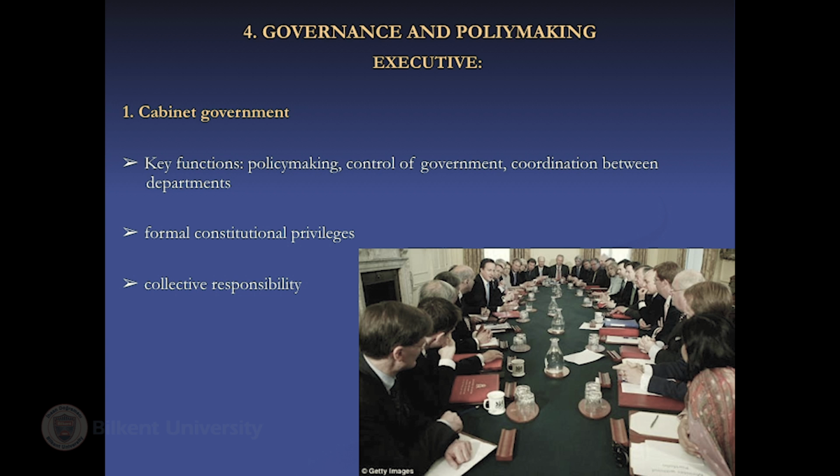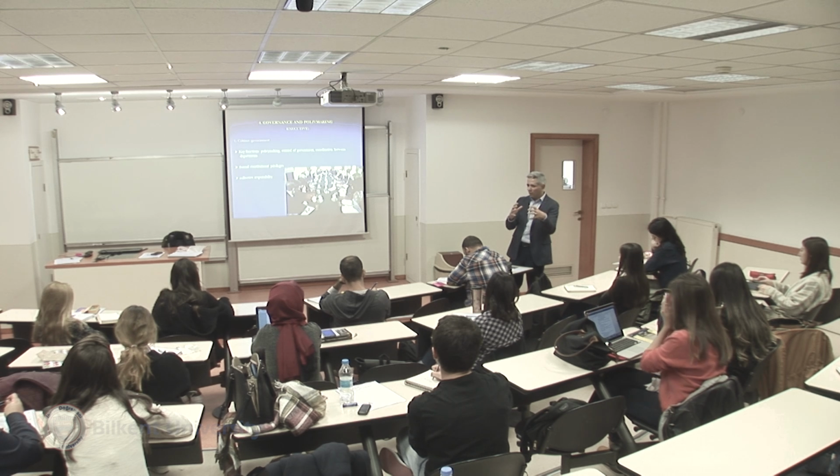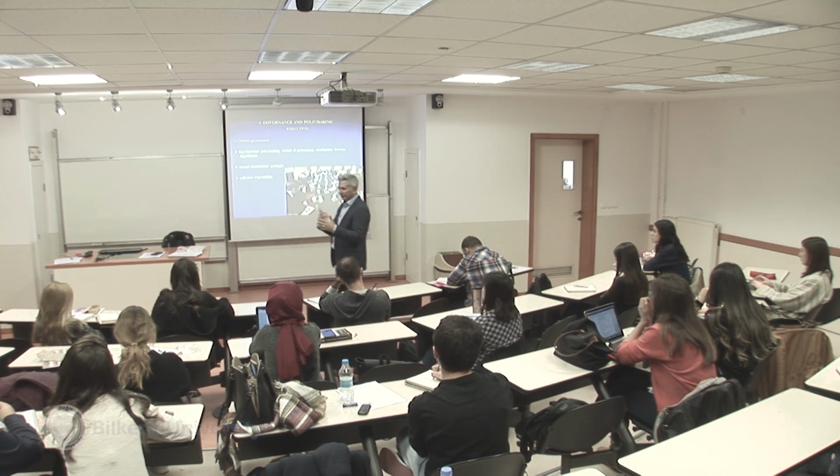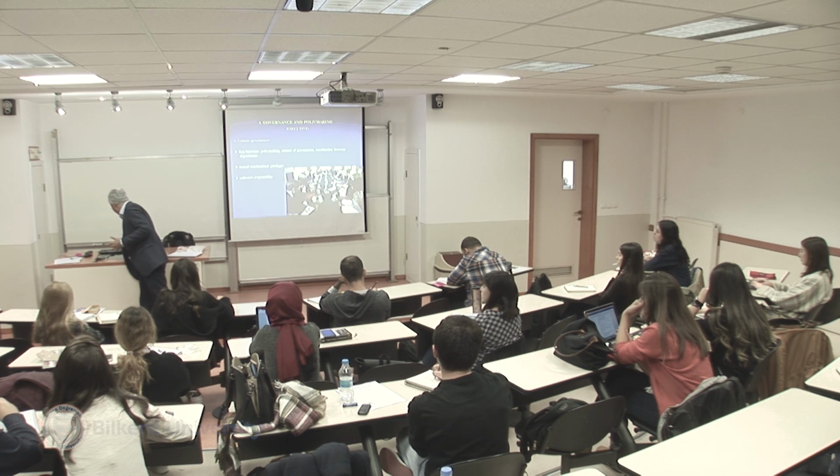But from the 1990s onwards, there has been a trend towards strengthening of the core executive within the cabinet. Some members of the cabinet, such as the Foreign Office, the Home Office, as well as the Chancellor, with their own private advisors, really form the core of the cabinet, and they make a lot of decisions on the day-to-day functioning of the government.